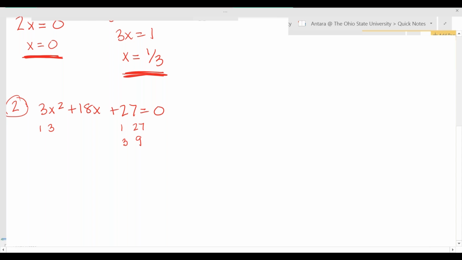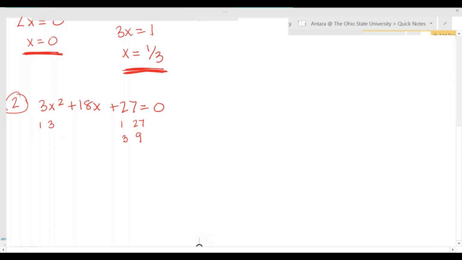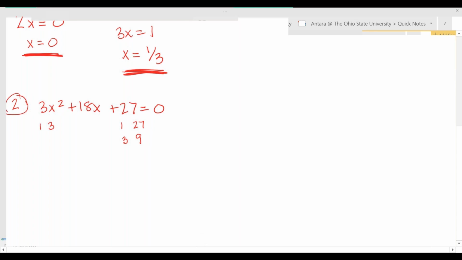Looking at these factors, I basically have to join the left side factors with the right side factors. And I don't think that the 1 and 27 will work out, so those I can cross out, but I can use different combinations of this on the left side and this on the right side to factor this out.